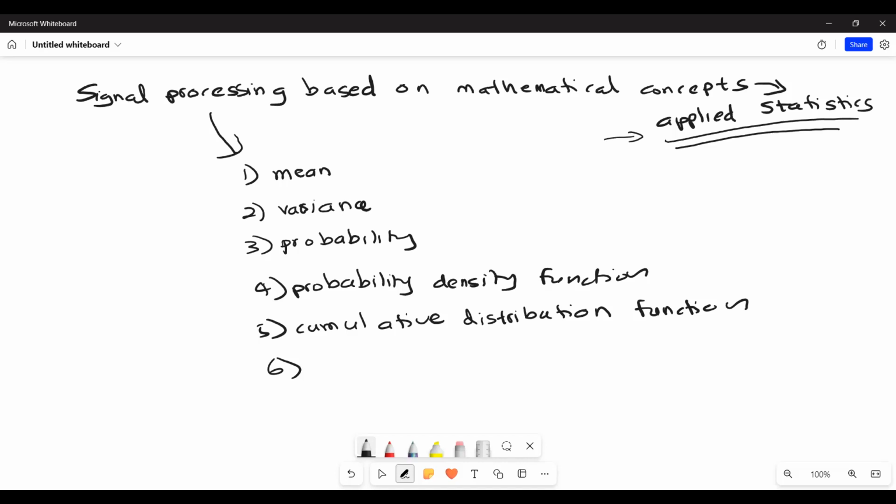I would also like to mention some other concepts, such as likelihood estimation, one of the estimation techniques, and linear regression. These are also related to statistics. So those are the things we will be discussing mainly.